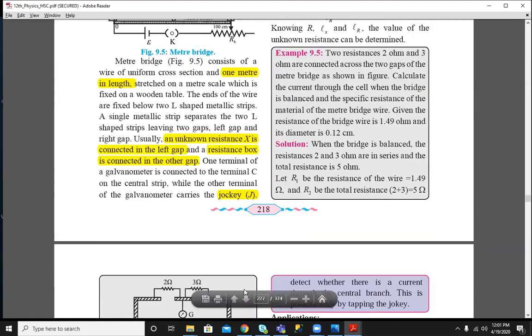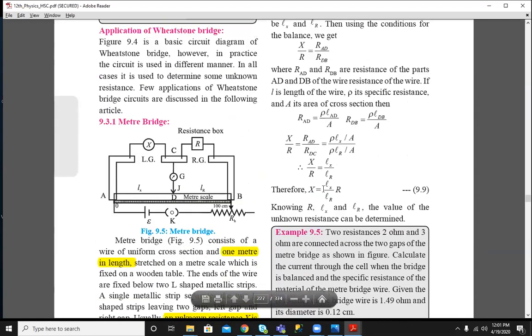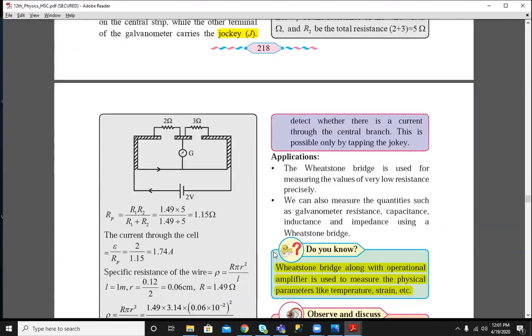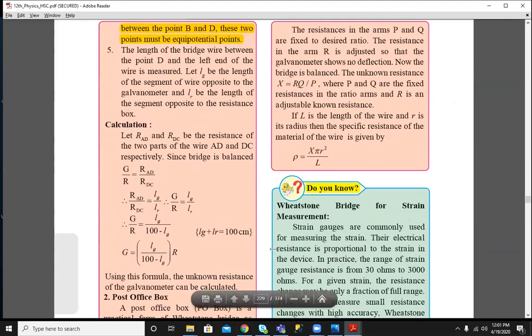What is the formula? X by R equals Lx by Lr. Here X is the unknown resistance, the galvanometer, hence it is written as G, and all else is the same. Just here Lx is replaced by Lg, though you can keep it as Lx, no need to change.